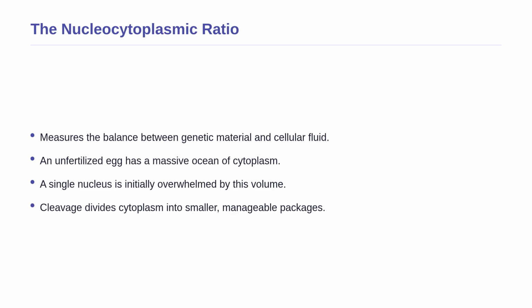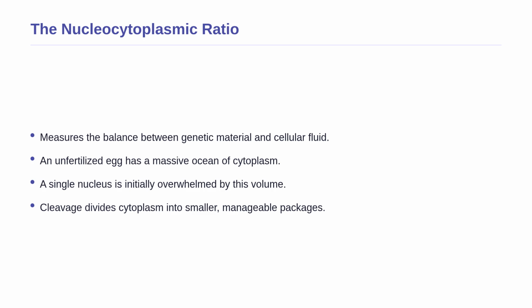Our calculation of cell numbers brings us to another critical mathematical concept, the internal balance of these new cells. In a normal, mature cell, the nucleus manages a small, proportionate amount of cytoplasm. However, an unfertilized egg is absolutely massive. Its single nucleus is completely overwhelmed by an enormous ocean of cellular fluid.